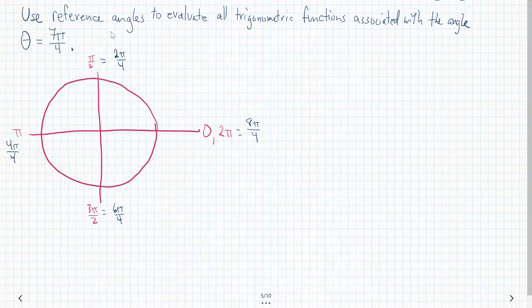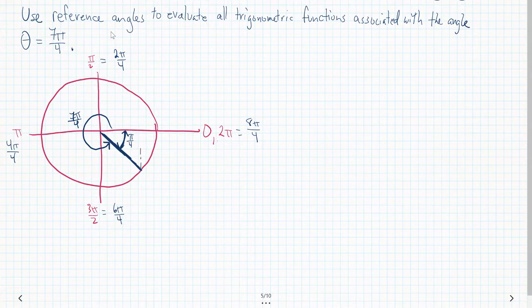It has to fit right smack dab in the middle of these two. Okay, and so this would be 7 pi over 4. All right, so we're in good shape. So how much more do we need in order to get to here? Well, it doesn't take much to realize that's going to be pi over 4.